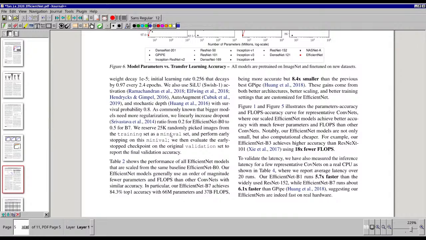We reserve 25,000 images from the training set as a minival set and perform early stopping on this minival. We then evaluate the early-stopped checkpoint on the original validation set to report the final validation accuracy.